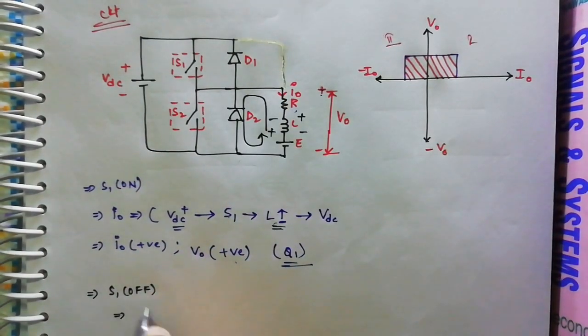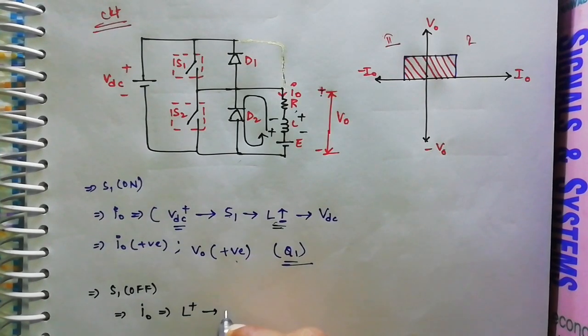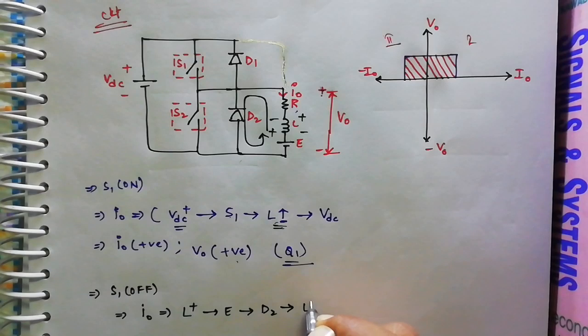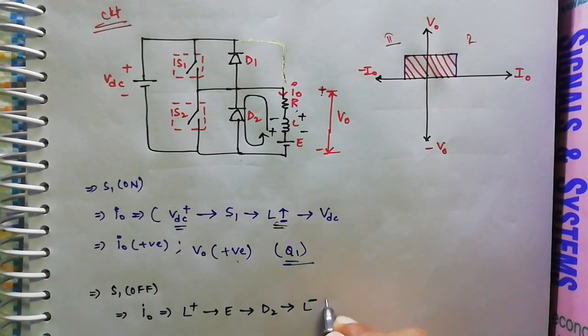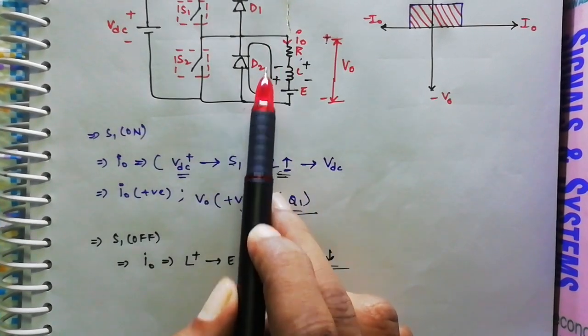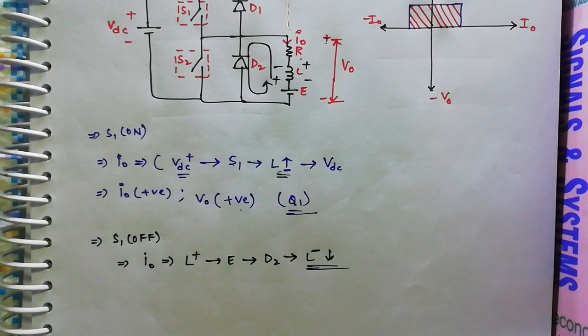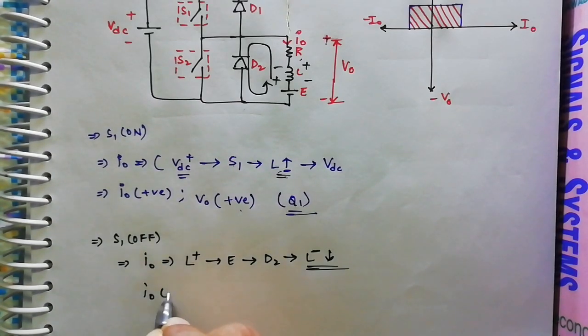When switch S1 is off, the circulating current direction is from the L plus terminal, through E, to D2, and from D2 back to the L minus. Here L minus means the inductor got discharged. Here also the assumed direction and the actual direction after turning off S1 are the same, so I0 is again positive.